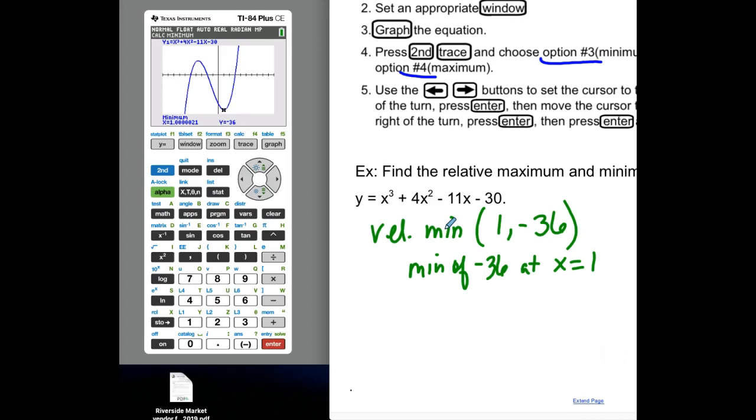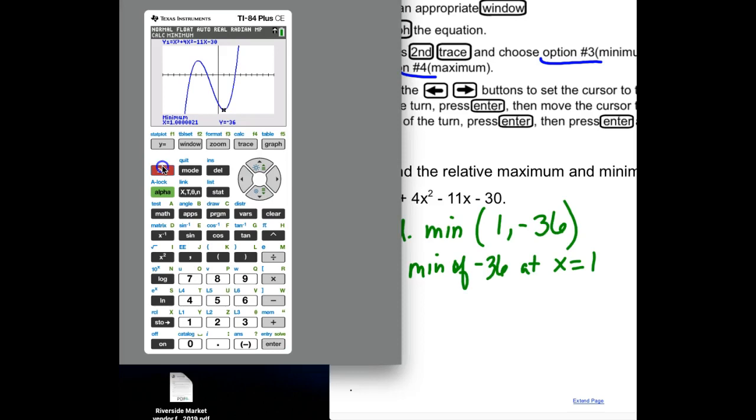All right, now I need to go back and find a maximum. So I'm going to do second trace again. This time I'm going to choose option 4, which is maximum. And I'm going to use my left arrow to move that cursor beyond the turn. I always have to lock in the left side first. Hit enter. Move it around the turn. Hit enter again. And then hit enter a third time to get the calculation. All right?